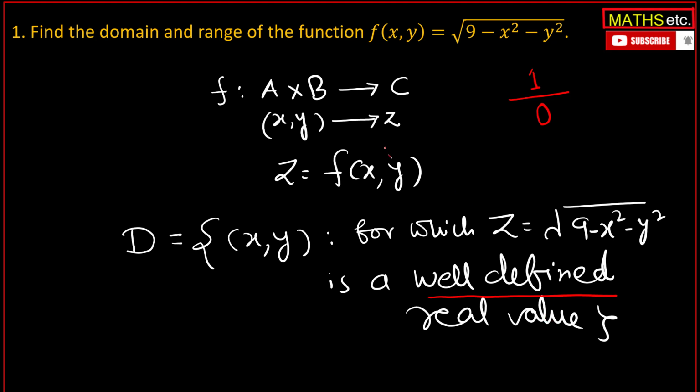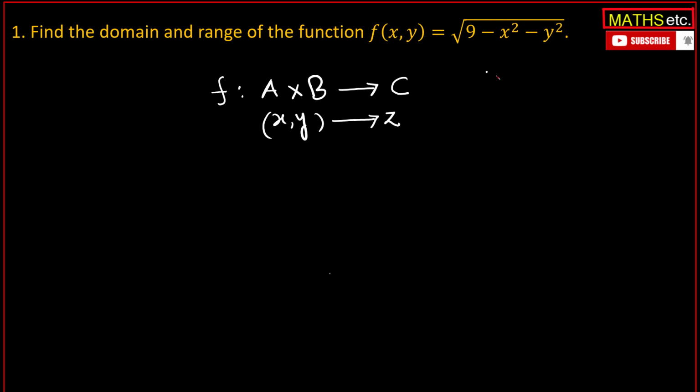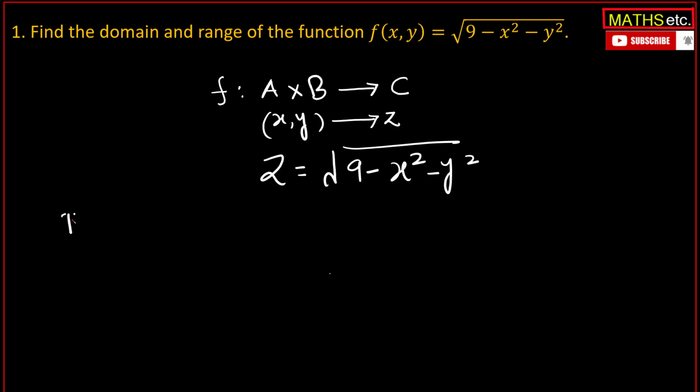Now going back to our problem. In this problem, the rule is z equals square root of 9 minus x squared minus y squared. Suppose we represent the domain by set D. This will be the collection of all (x, y) points such that this rule is well defined for z.